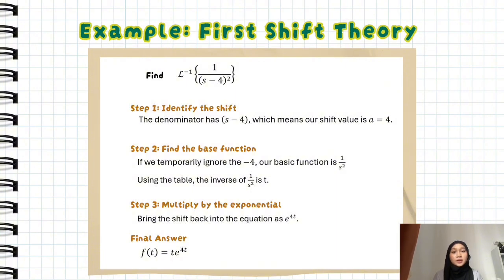If we temporarily ignore the minus 4 shift, our base function is 1 over s square. So, looking at our table, the inverse of 1 over s square is simply t. Step 3 is to bring the shift back in by multiplying our result by the exponential term. This gives us our final answer: f of t equals t times e to the power of 4t.